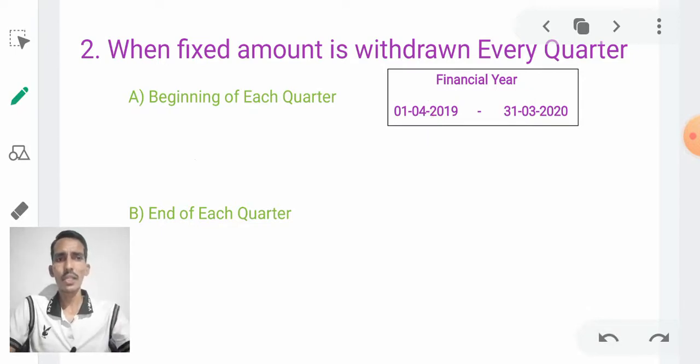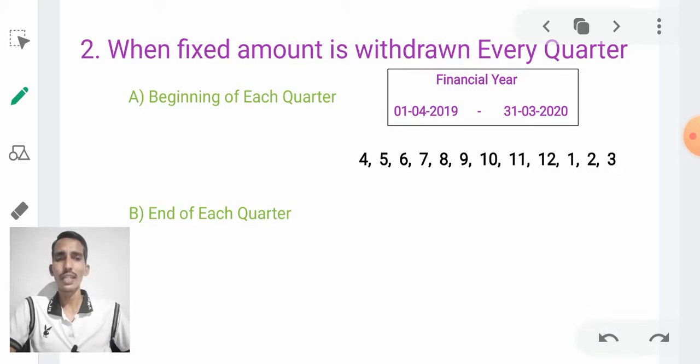What do you mean by each quarter? Here, 1st April 2019 to 31st March 2020, how many months will it be? Just see, business started in the 4th month, then 5, 6, 7, 8, 9, 10, 11, 12, and after 12 comes 1, 2, 3.